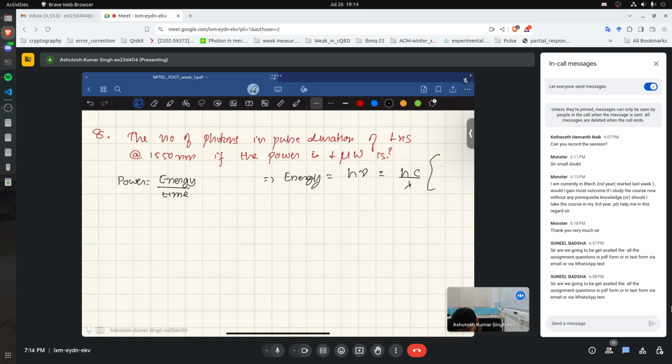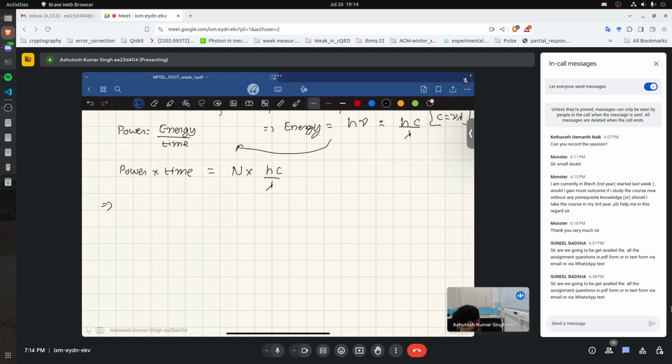I am utilizing the relation that c is equal to nu lambda. Okay, so if I substitute this back here, power into time is equal to n number of photons and energy of each photon.